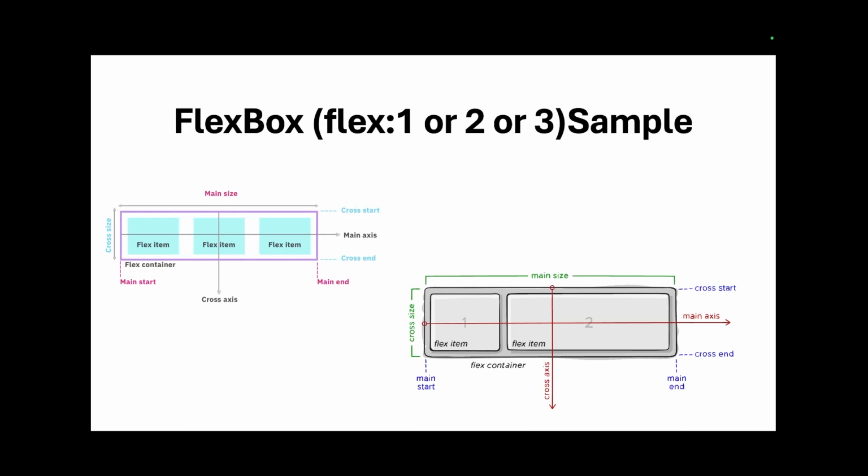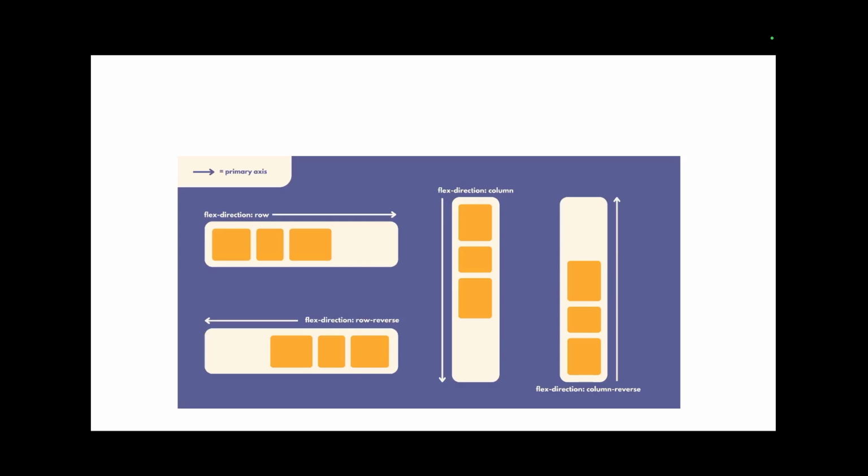If you see, vertical is your cross axis and horizontal is the main axis. With flex direction row, the items will start from the left side of your screen.